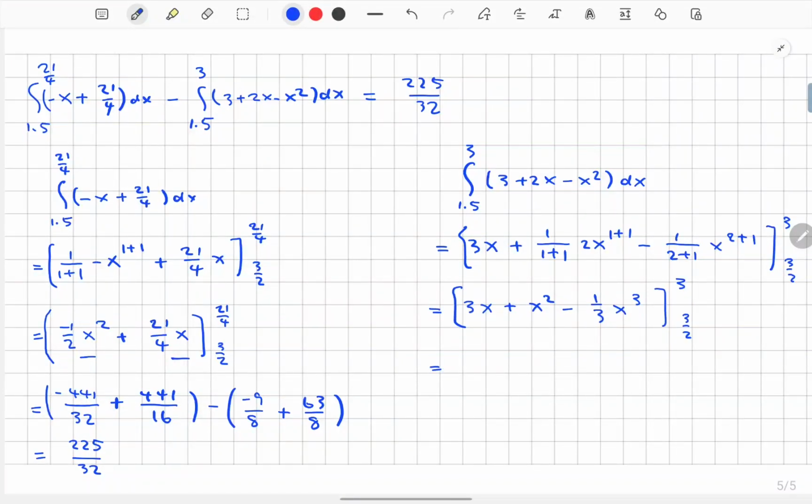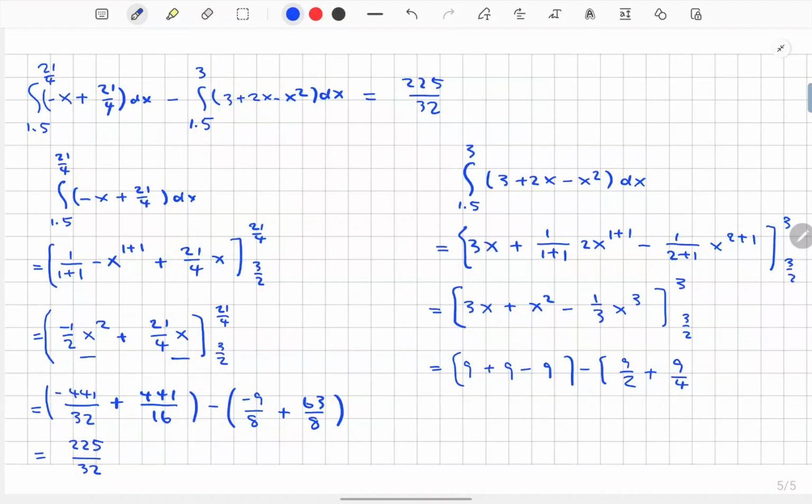To calculate it, we first put 3 into our x. 3 times 3 is 9. 3 squared is also 9. Then 1/3 times 3 cubed is also 9. The entire thing minus 3 over 2 times 3, this is 9 over 2. 3 over 2 squared is 9 over 4.